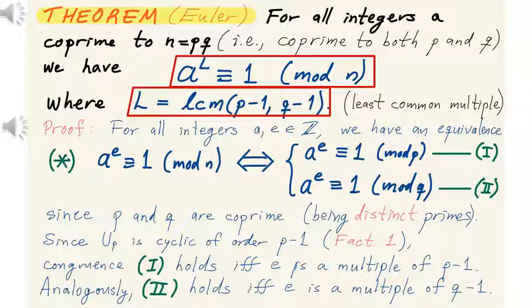In particular, of all the possible exponents, the smallest one is L, equal exactly to the LCM, least common multiple of p minus 1 and q minus 1. But of course, any multiple of this L also has the property. It just so happens that this least common multiple is the smallest possessing it.